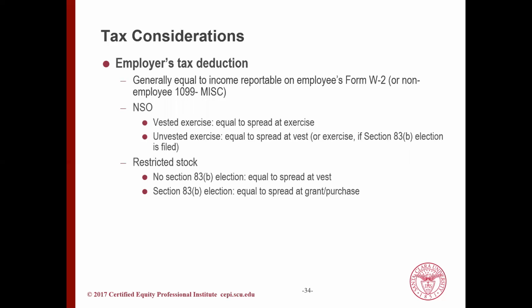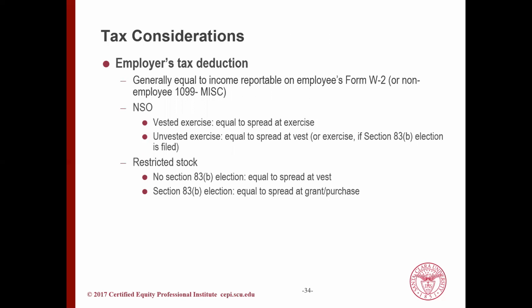So the employer's tax considerations. The employer gets a tax deduction, which is generally equal to the income that's reportable on the employee's Form W-2 or on the non-employee 1099 MISC reporting.